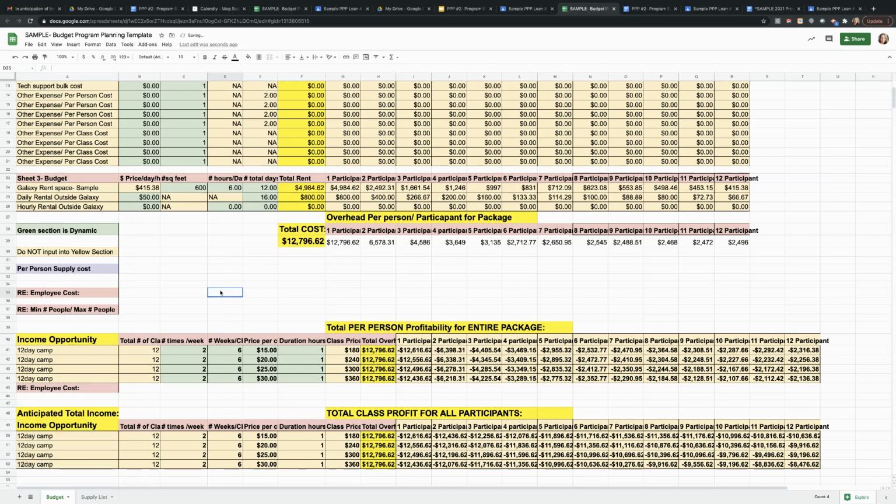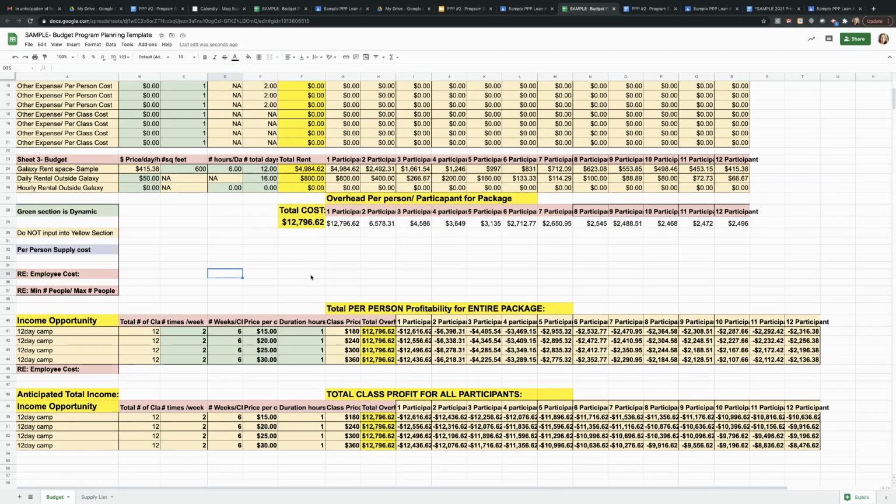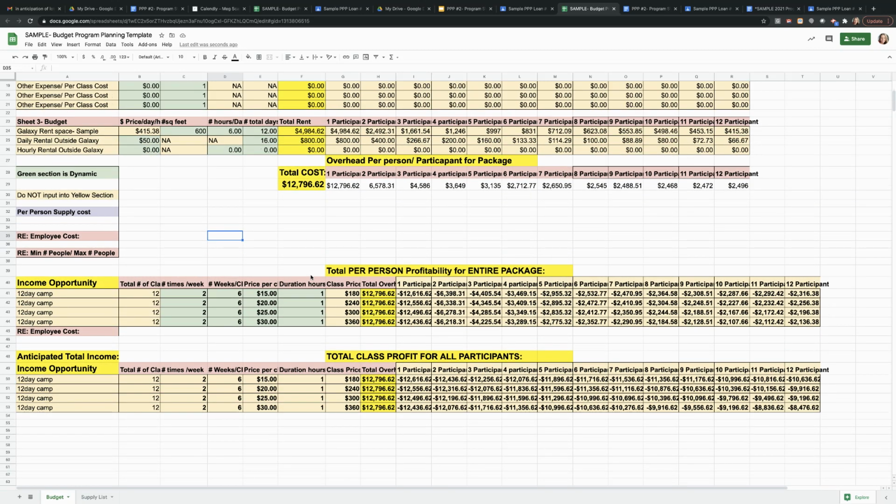Okay, so let's say we look at income opportunity, and we decide this camp, let's say for 6 hours, should be a price per camper, 6 hours.